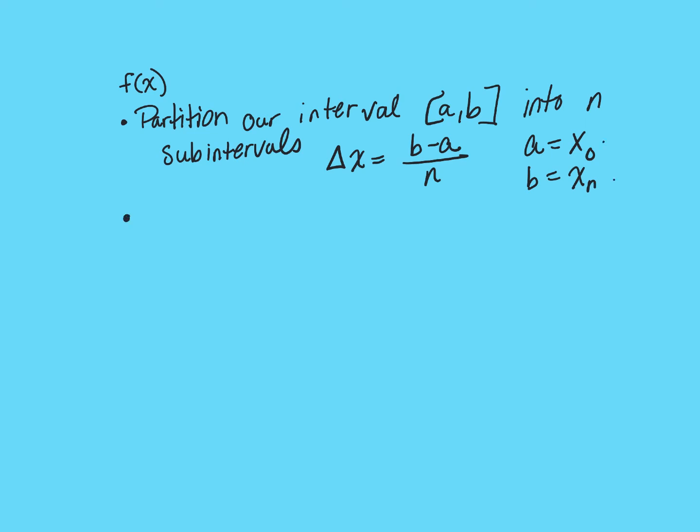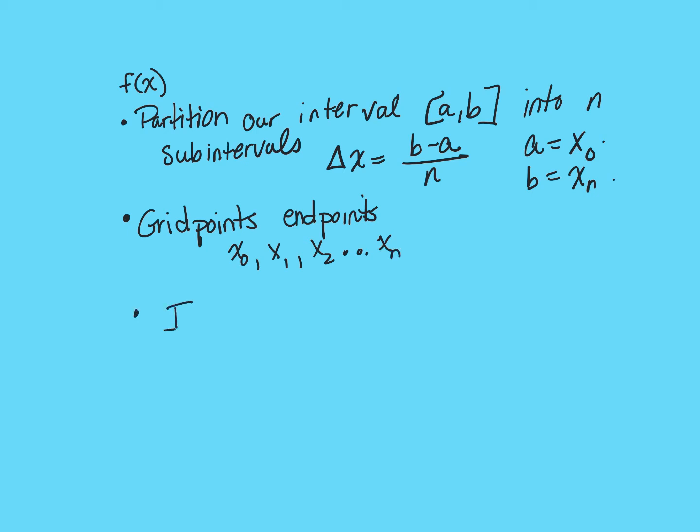Then we're going to find what we call our grid points. The grid points are the end points of each interval. And we're going to label those x sub 0, x sub 1, x sub 2, all the way up to x sub n.